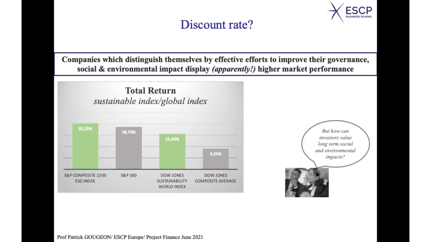The question we could ask is, how can investors value long-term social and environmental impact? Here you have a list given by S&P or by Dow Jones of companies that would be good, but there is still a question which is highly discussed today. How can you recognize clearly whether a company is doing well? I say a company, but it could be a project.